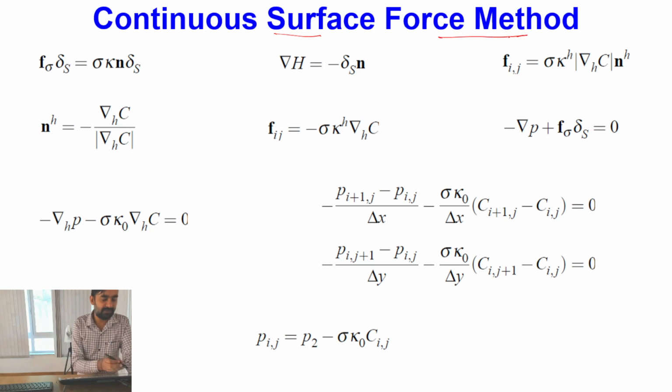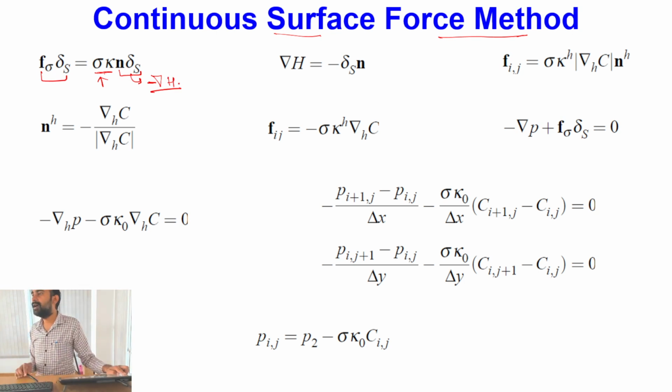Okay, so we know that F sigma has to act only at the interface. That's why I can write it in terms of sigma k, which is the force, and then I multiply it with delta S into N, which is actually equal to minus the gradient of the color function, where delta S is the Kronecker delta operator, which will be 1 at the interface and 0 everywhere else.